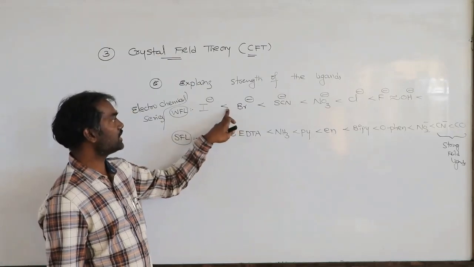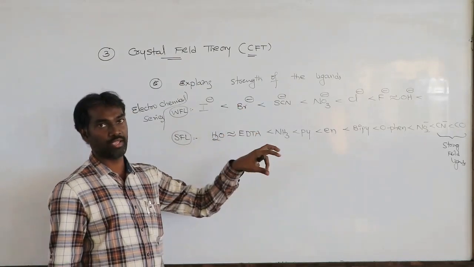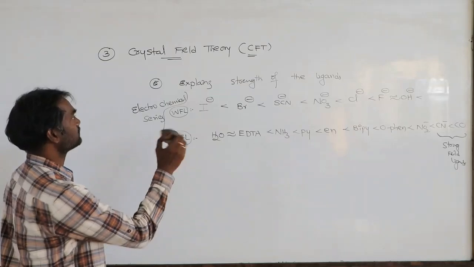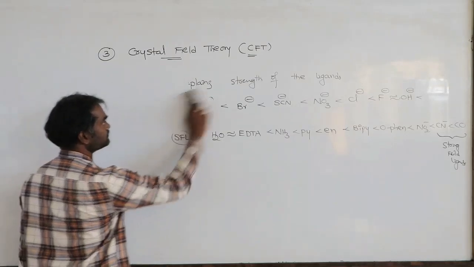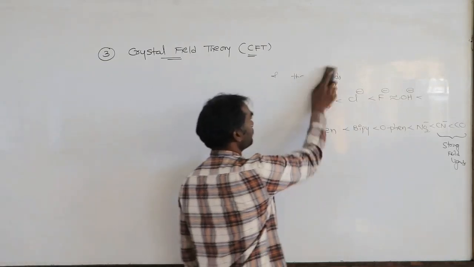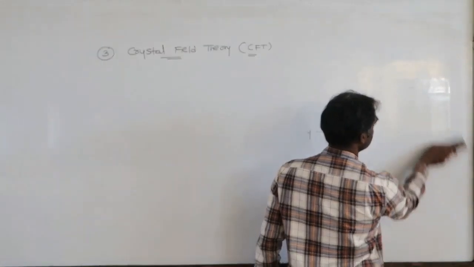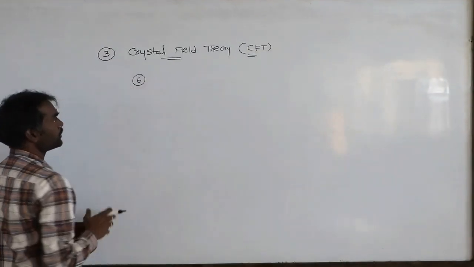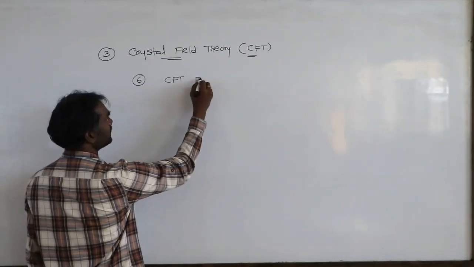In the presence of weak field ligand, electrons are not paired. That is also perfectly explained by CFT. Next, the sixth point: CFT perfectly explains.